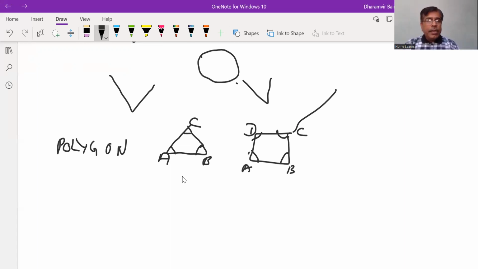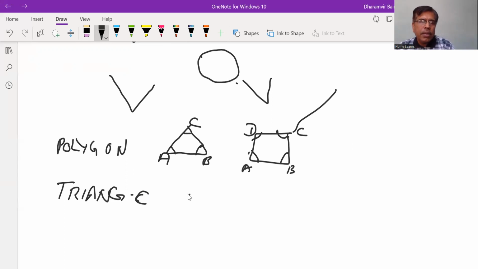But there are many types of polygons that can be classified according to their number of vertices, number of angles, etc. Like if you have 3 sides, it is a triangle.